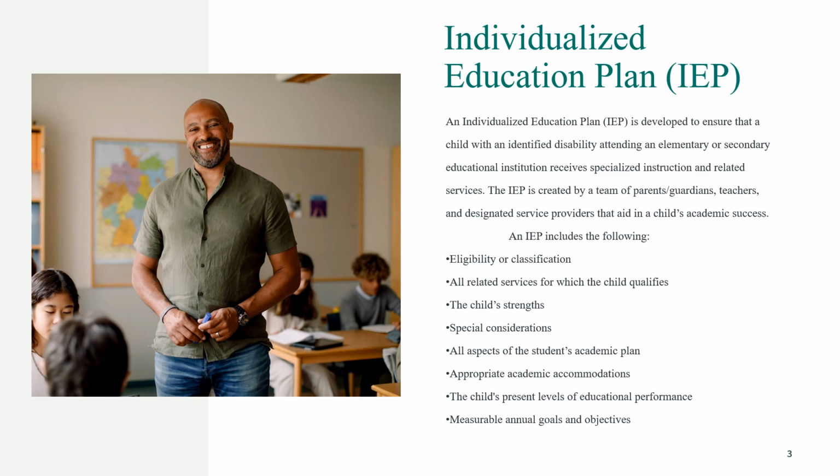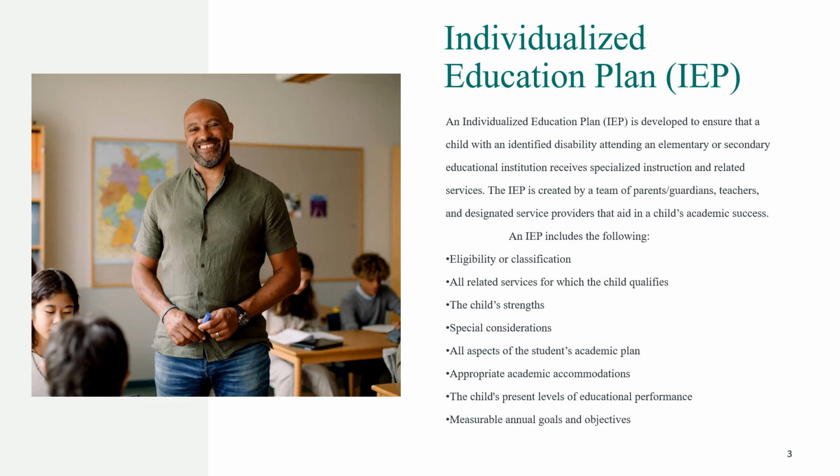It has eligibility or a classification of a student or child's disability, any related services for which the child qualifies, the child's strengths, special considerations, all aspects of the student's academic plan, appropriate academic accommodations, the child's present levels of educational performance, and measurable annual goals and objectives.